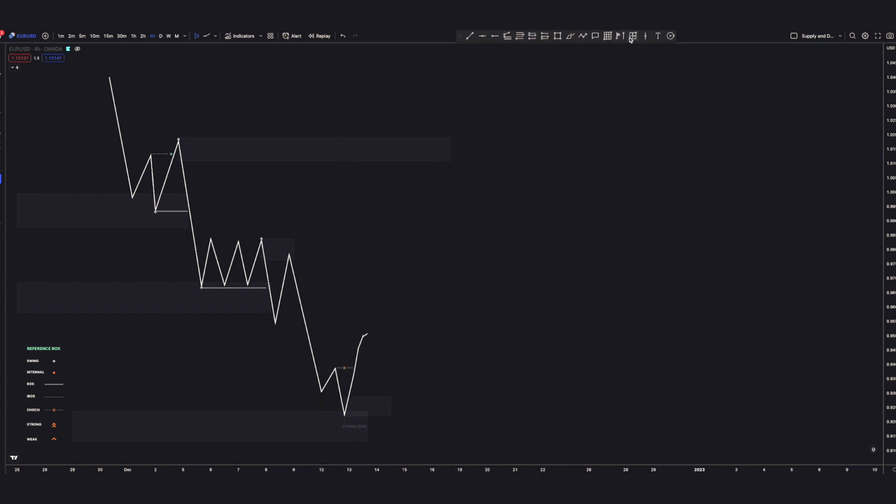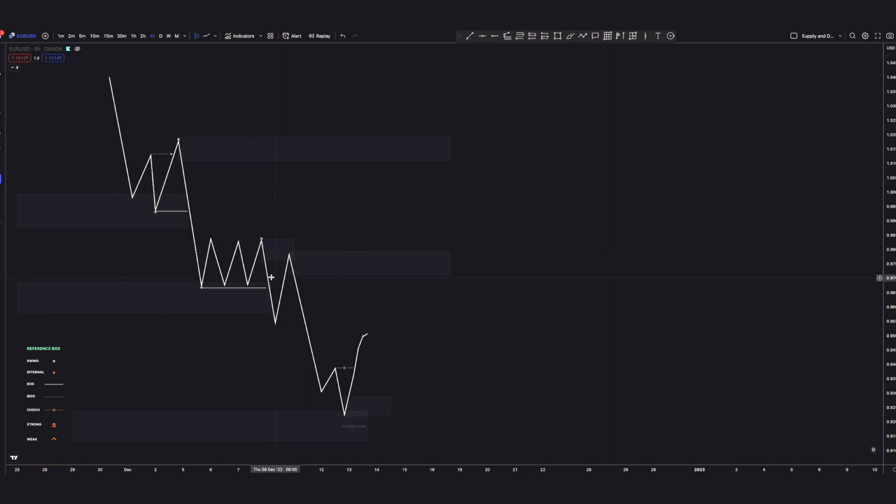Okay, so I'll just be marking now the new zones that we found. The first one is already marked, and the second one, after price came here, broke, pulled back, and broke again. So now we have another supply area right here, because this was already mitigated.